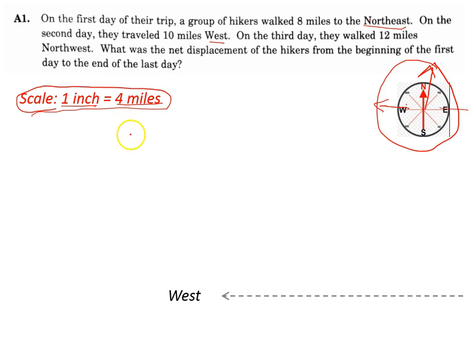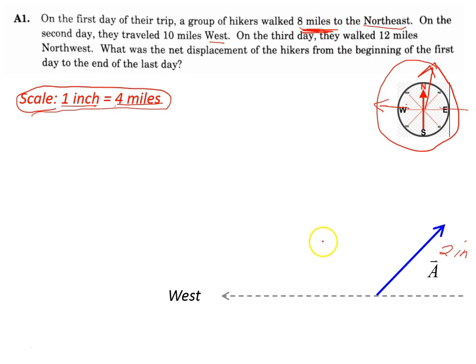Now I think we're ready. You can start with any one you want, but I'm going to start with day 1. I wanted to draw a vector that was 8 miles long, so this guy down here should be 2 inches. 2 inches on paper is equal to 8 miles.